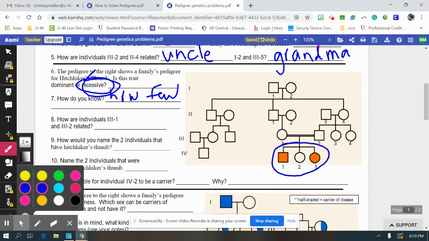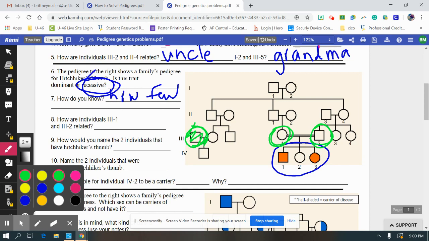How are individuals 3, 1, and 3, 2 related? Oh, I'm sorry, 3, 1, I was so wrong. This is complicated. They are paired off by a line, which, if you go back up to the top, means that they are married. That is not wrong.